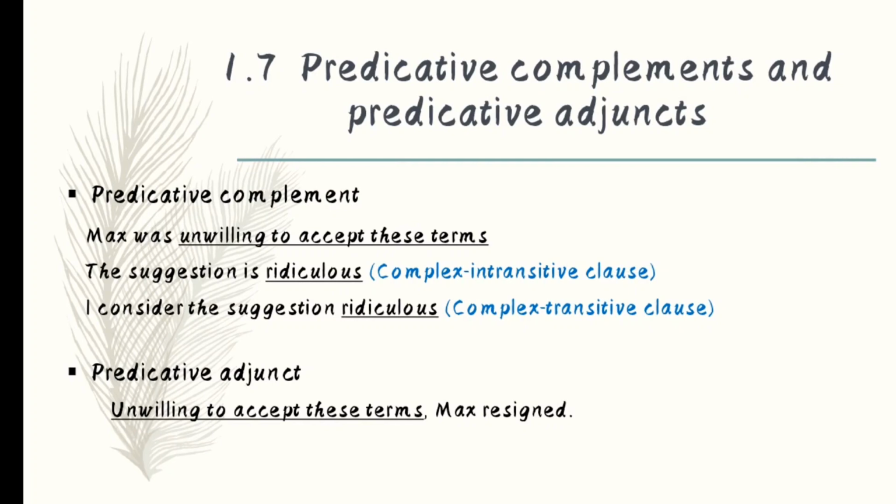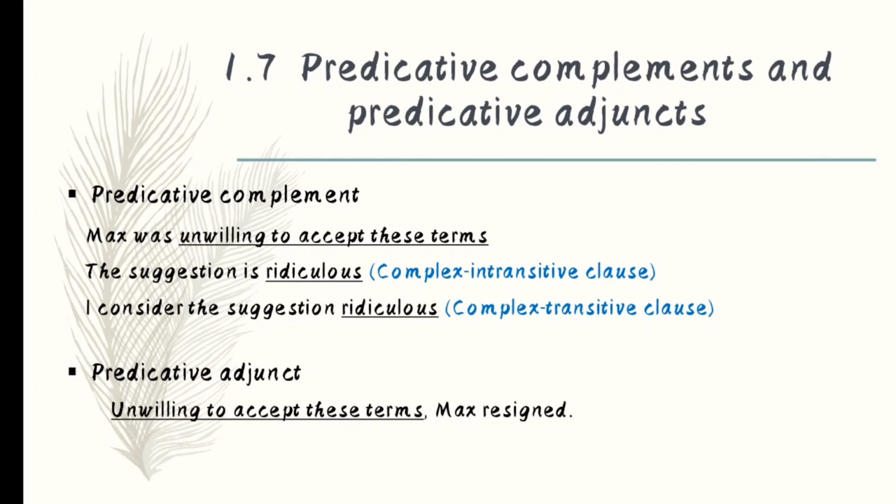For example, a predicative complement is: Max was unwilling to accept these terms. Usually, the adjective as predicative complement happens after the verb be. In this example, "unwilling to accept these terms" happens after the verb be, that is, "was."